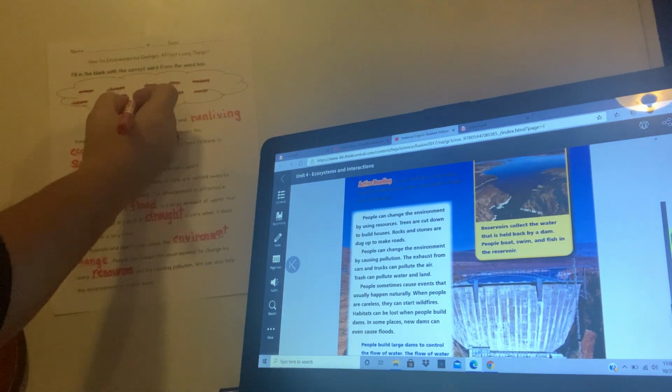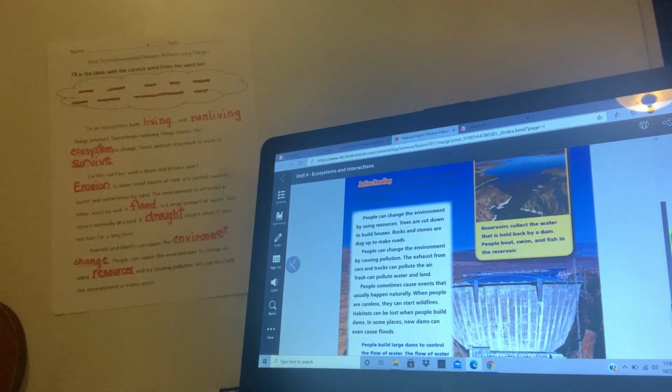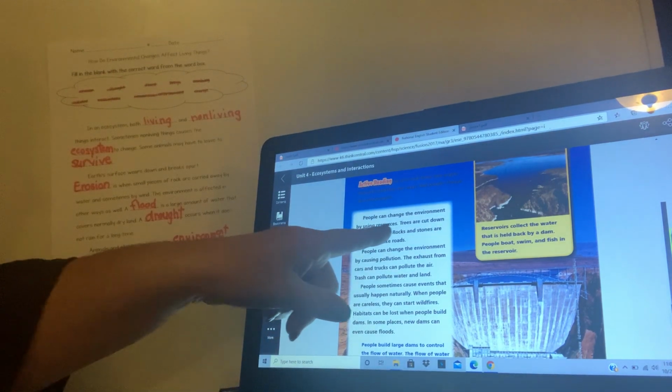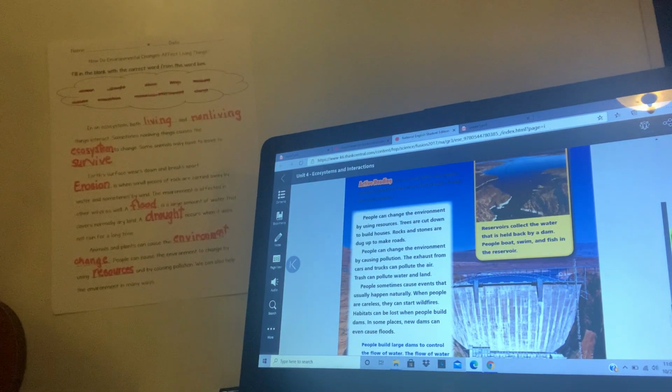R-E-S-O-U-R-C-E-S. Resources. In the workbook pages, it says the resources that trees are cut down to build houses, rocks and stones are dug up to make roads. It tells us that people can change the environment by causing pollution.